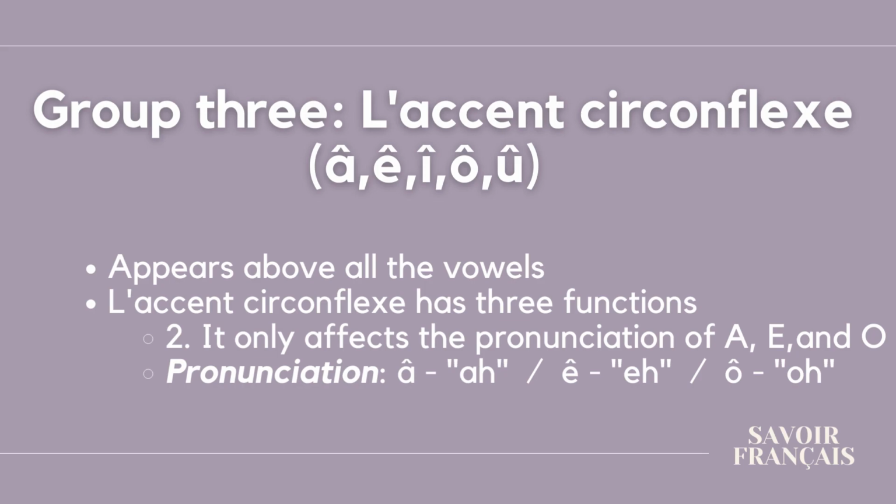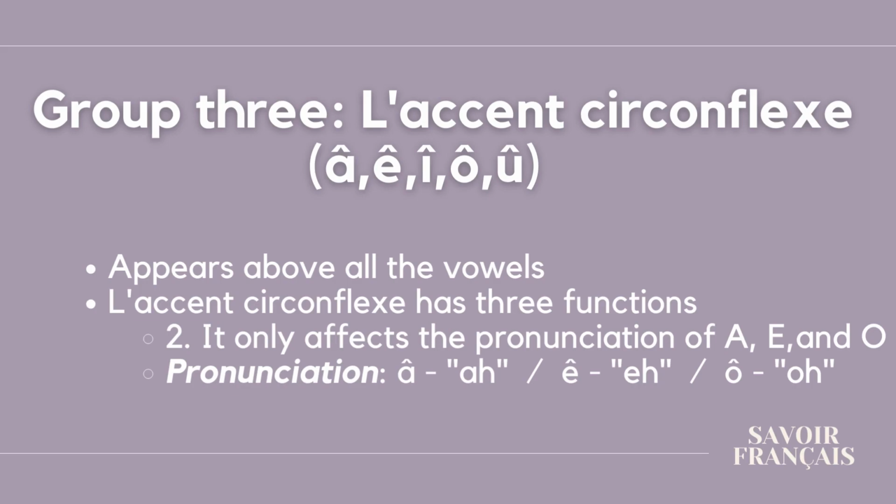A accent circonflexe is pronounced as â. E accent circonflexe is pronounced as ê.